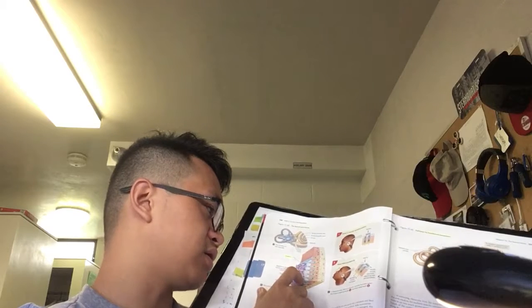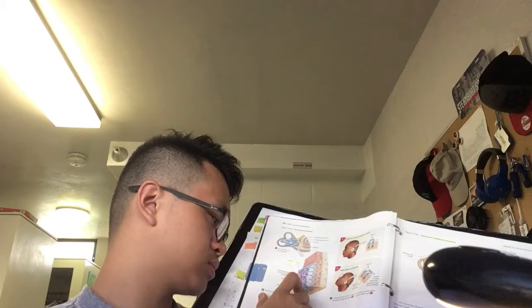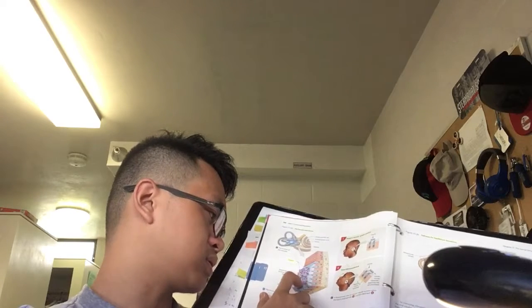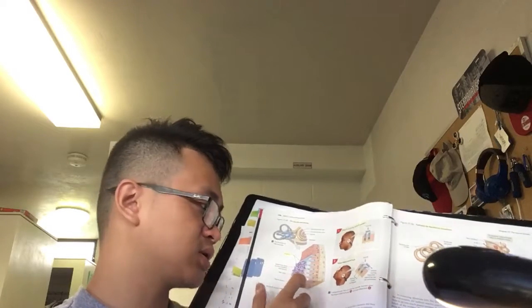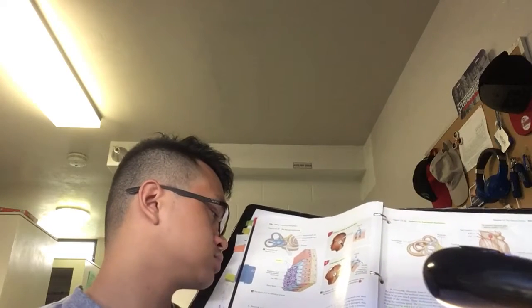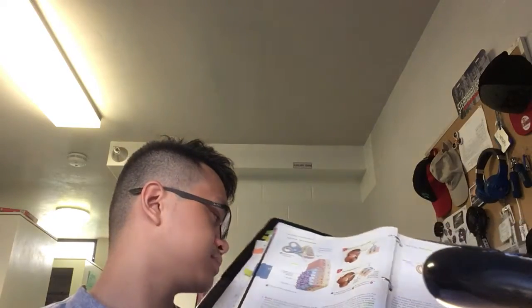Maculae has a lot of otoliths. They look like little stones. And you can see there's also some hair cells here, and nerve fibers.